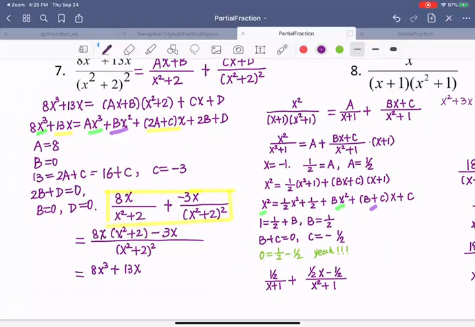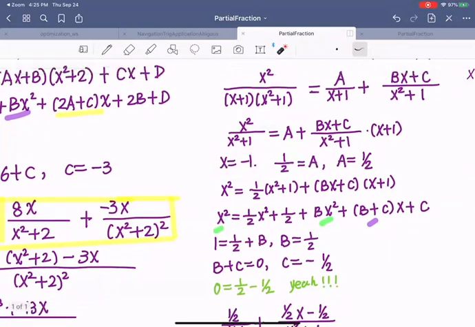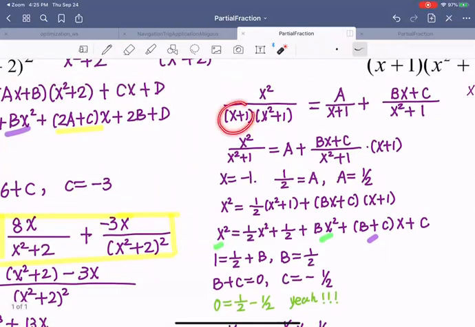Wait, how did you get b equal to 1/2 in number 8 again? I think I messed up there somewhere. A equals 1/2, because I make x equal to -1. I times x plus 1 for each term, so this term is gone and this is left.